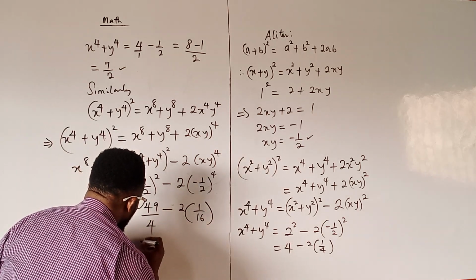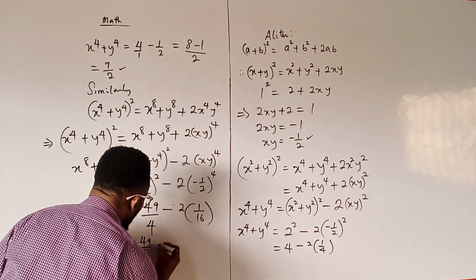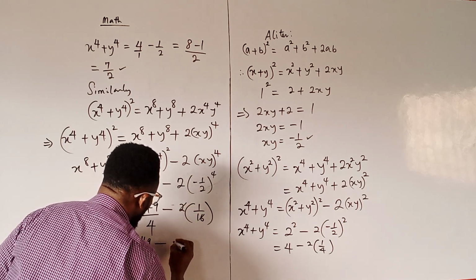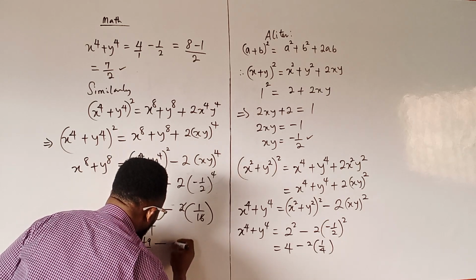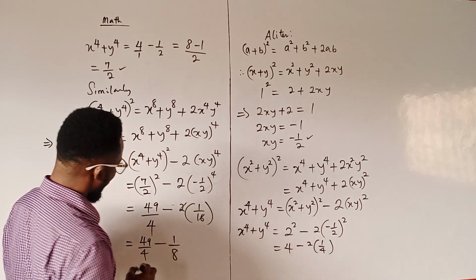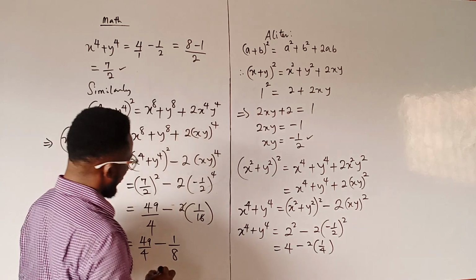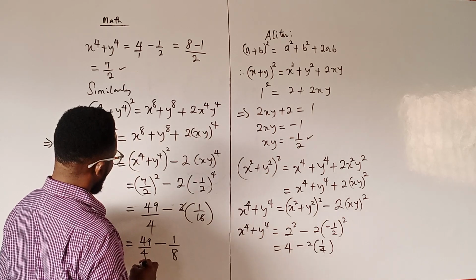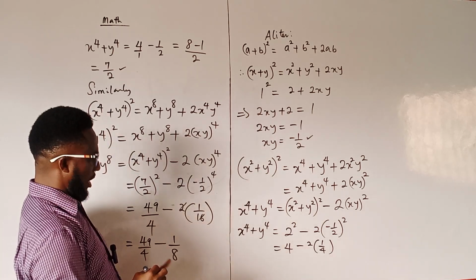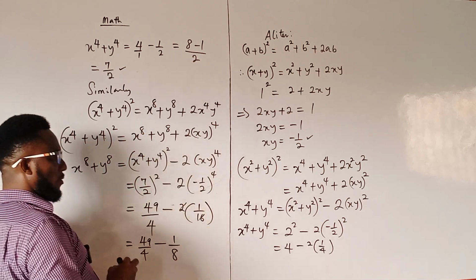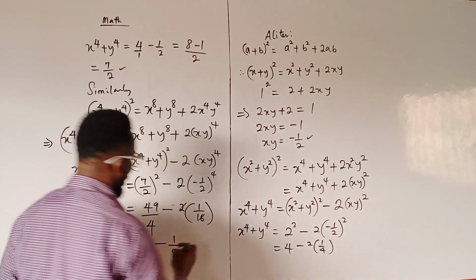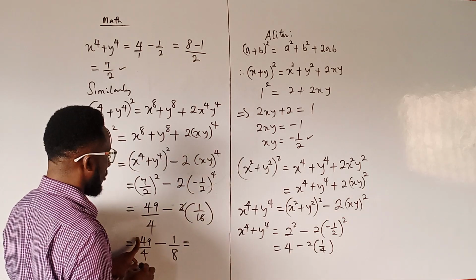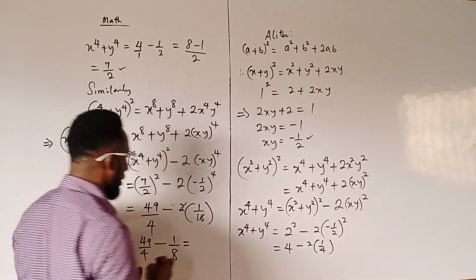It's going to give us 49 upon 4 minus 2 divided by 16, that will be 1 upon 8. I want to make the denominator of this fraction to be 8. I need to multiply the numerator and denominator here by 2.